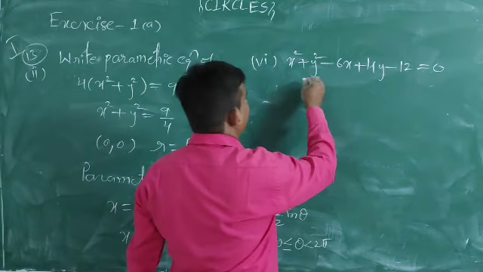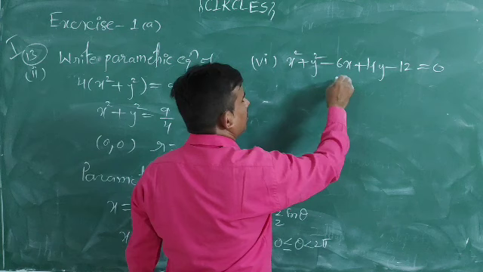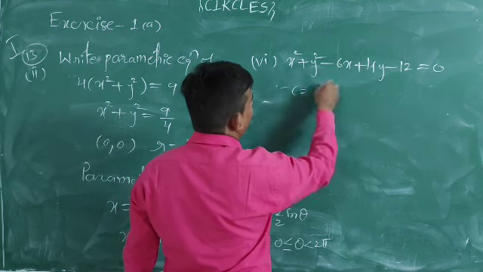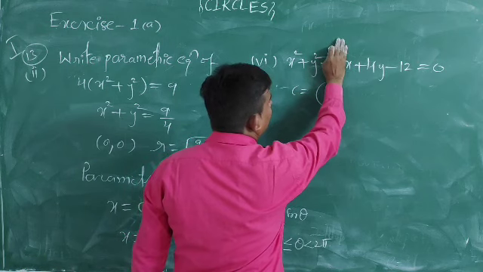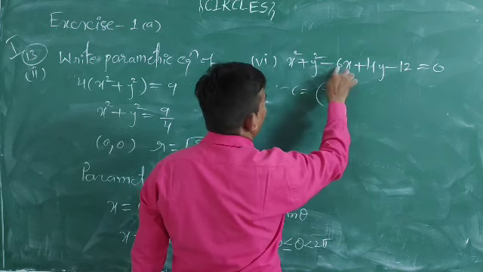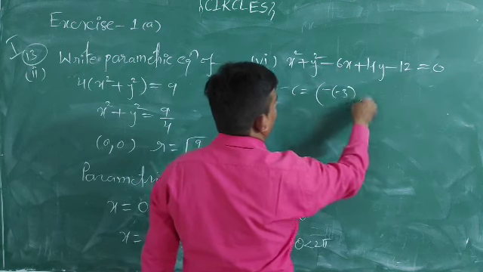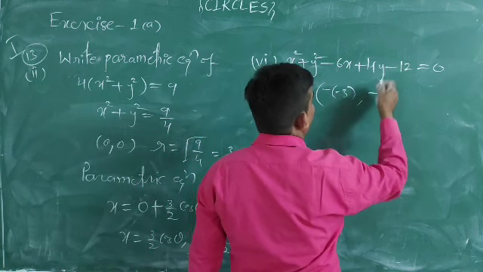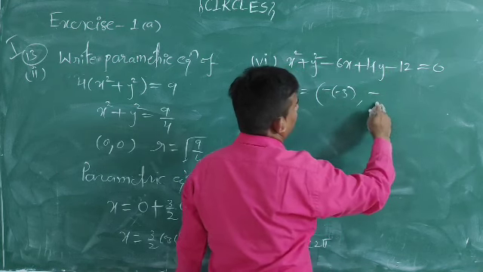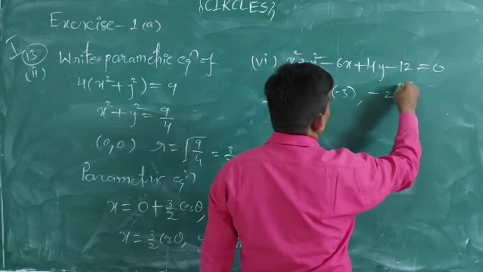Again, I want to take this question. First, find the center and radius. What is the center? The center must be written as half of the coefficient of x with the opposite sign. Half of minus 3 with opposite sign gives 3 by 2, and the opposite sign of 4, half of it, equals minus 2.